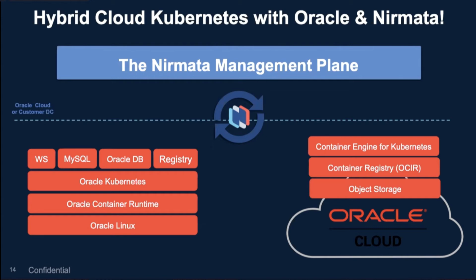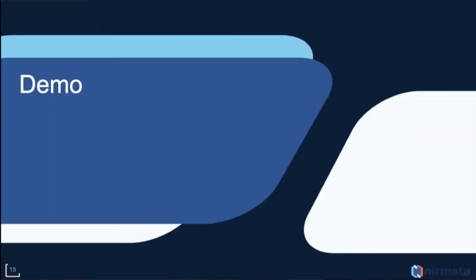And Nirmata can also deploy clusters directly on bare metal nodes. Here Nirmata can deploy clusters on Oracle Linux using the Oracle container runtime and Oracle Kubernetes. So for on-premises, we integrate with the open source Oracle Kubernetes components, and then for cloud, we integrate with the container engine for Kubernetes, as well as the registry and the object storage.